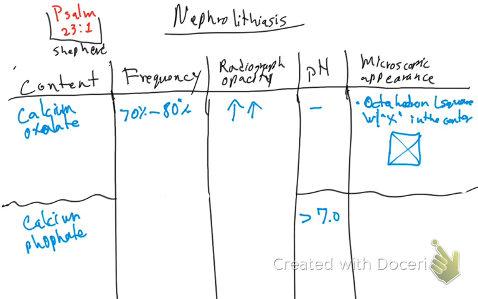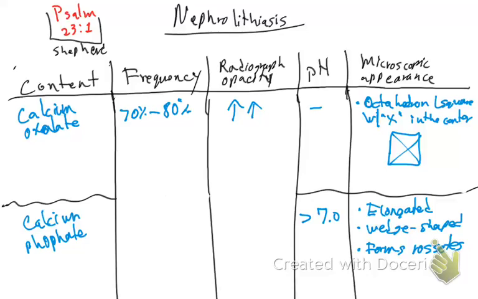It's going to be elongated and wedge shaped, and some form rosettes. Basically you have this here and you have different things coming out like that.